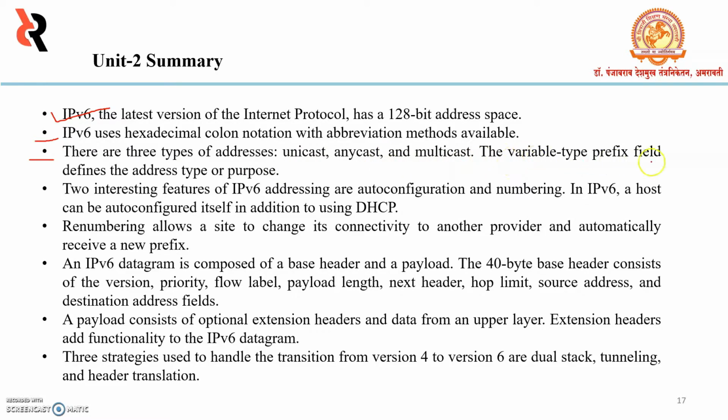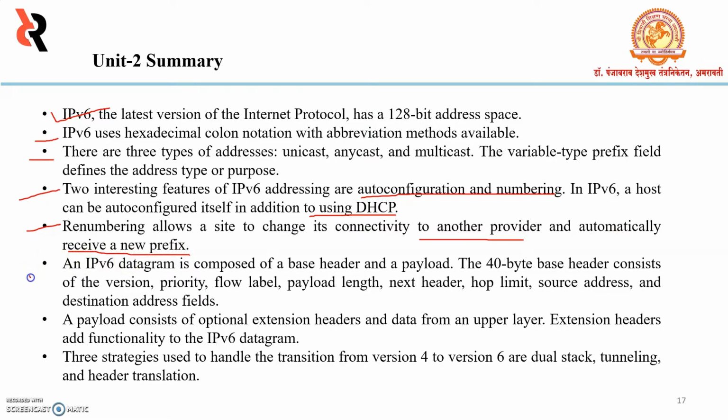The variable type fixed field defines the address type or purpose. 2 interesting features of IPv6 addressing are auto configuration and renumbering. In IPv6, a host can be auto-configured itself in addition to using DHCP. We can use both auto configuration as well as DHCP. Renumbering allows a site to change its connectivity to another provider and automatically receive a new prefix.